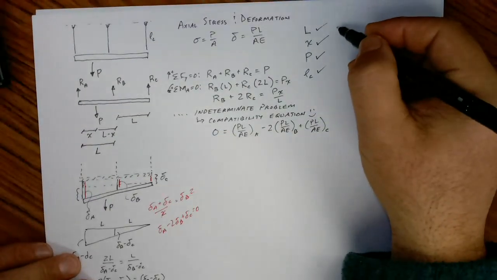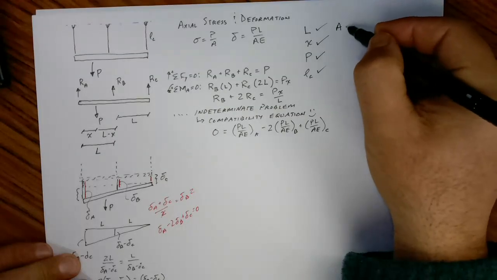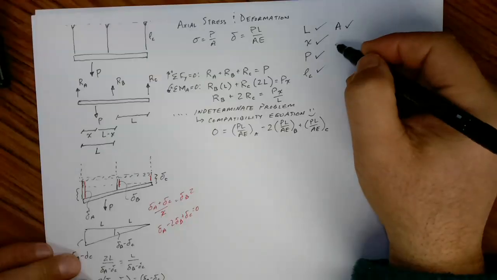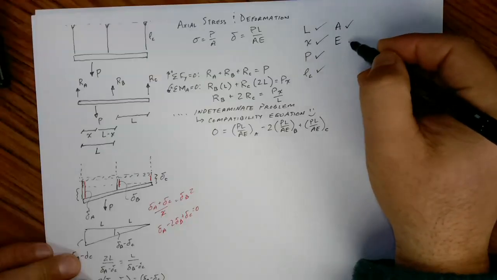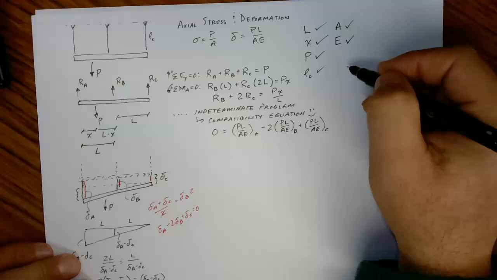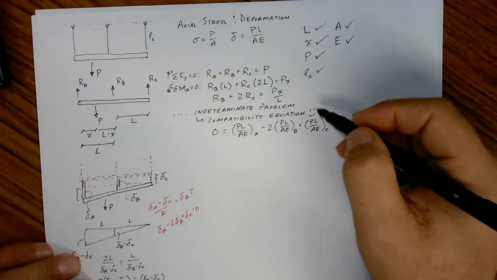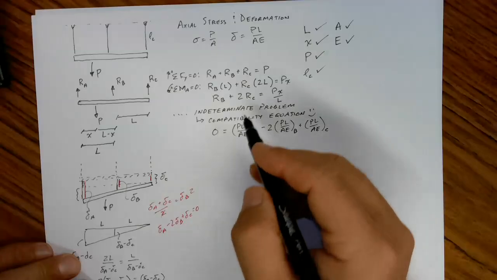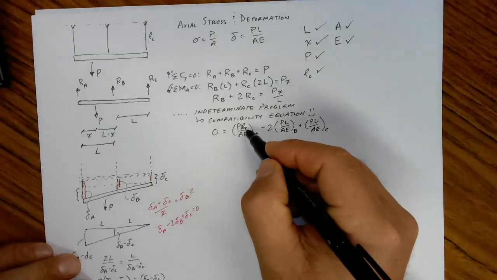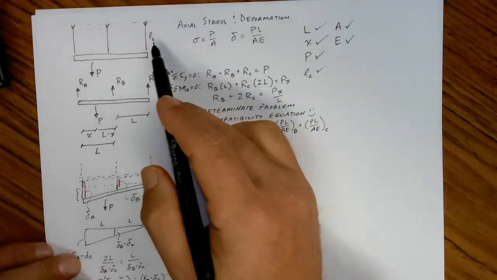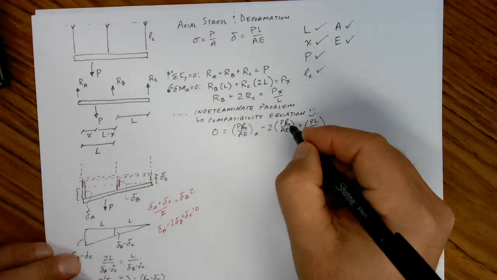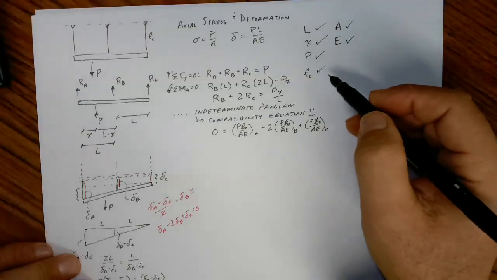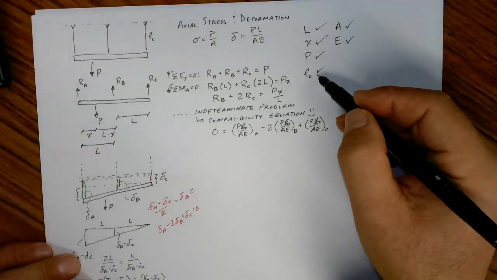We know the areas, we know the material, we know the modulus of elasticity. And this L is for each cable; this L is actually little L sub C, the length of the cable, and these are all equal.